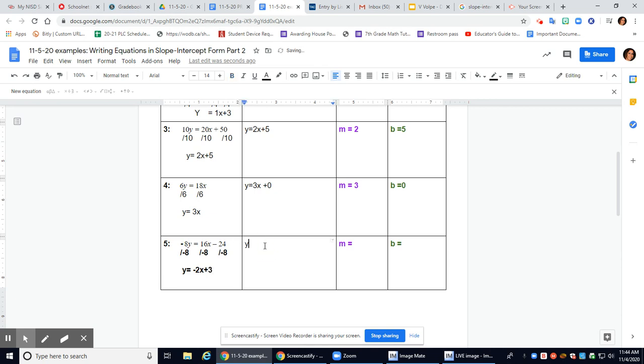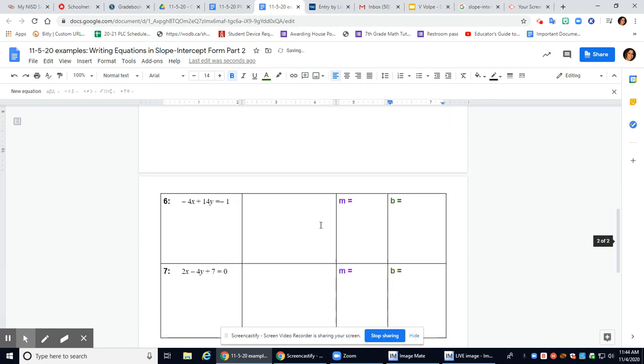So my rewritten equation is y equals negative 2x plus 3. So my slope here is negative 2. My y-intercept is 3. All right, a couple more.